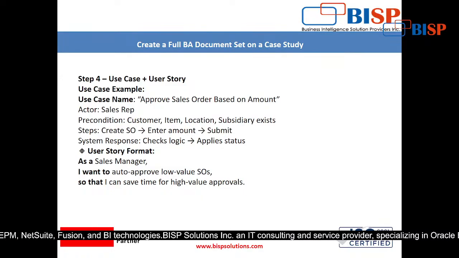As a sales manager, I want to auto approve low value sales orders so that I can save time, right? So as a, I want to, so that the time can be saved. That means the use case plus user story.